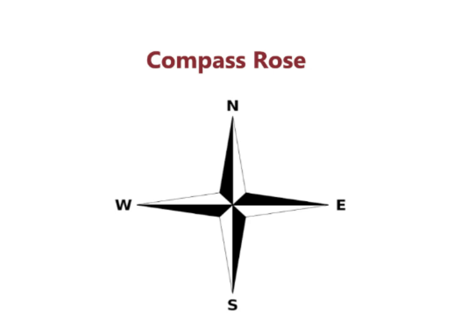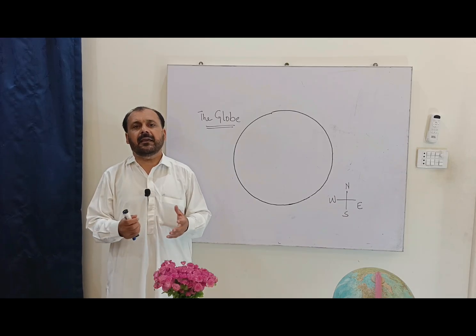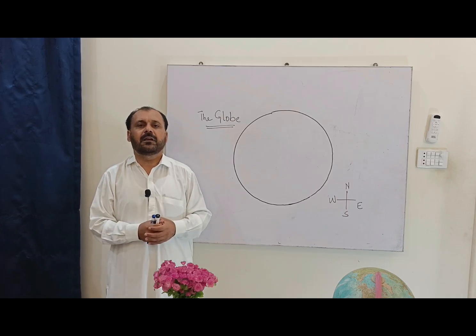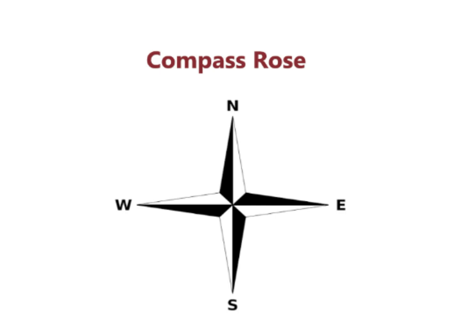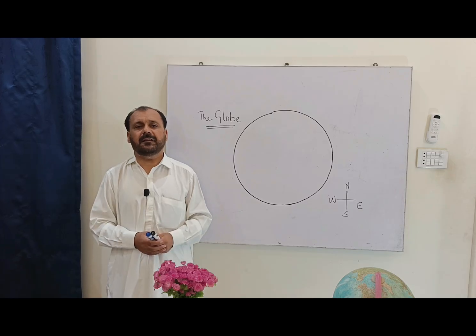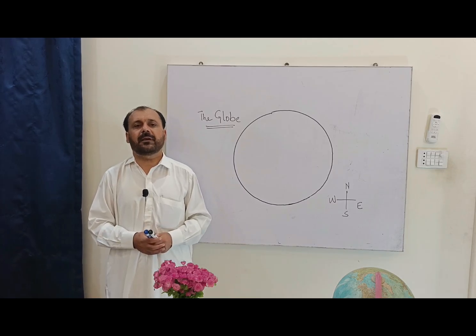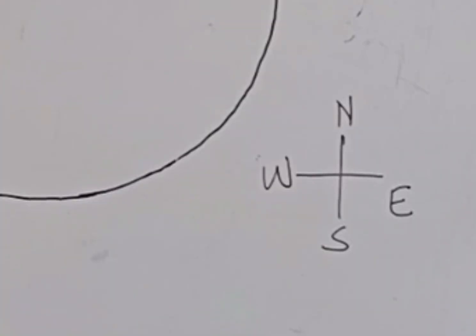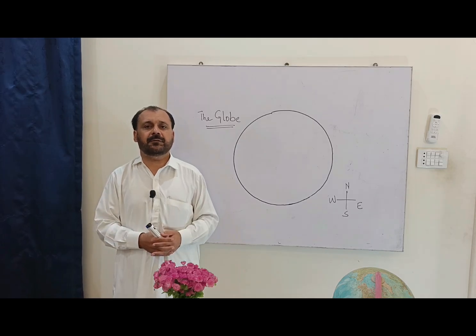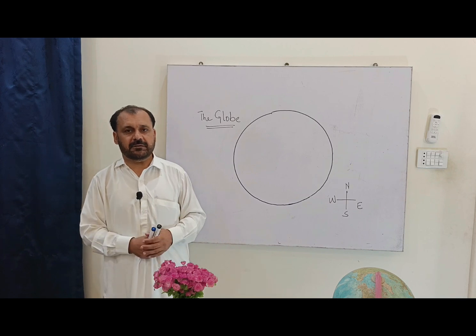The four basic directions. Before we go further, there is another basic concept we need to understand: the key of directions. Whenever we study a map or a globe, we commonly use four basic directions: north, south, east, west. On most conventional maps, north is shown at the top.